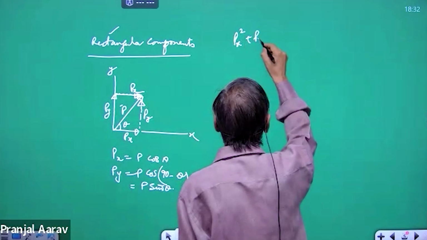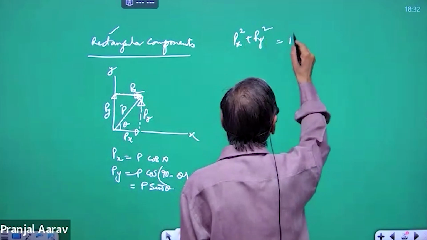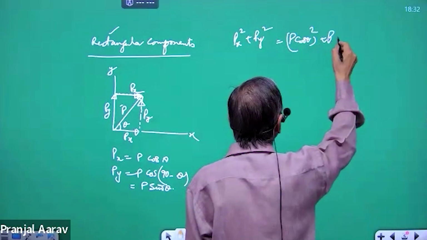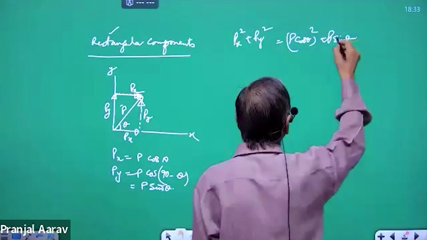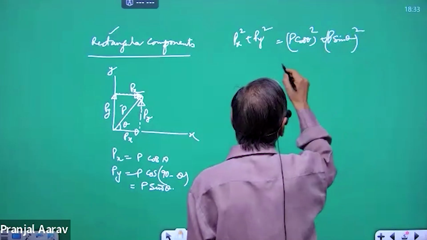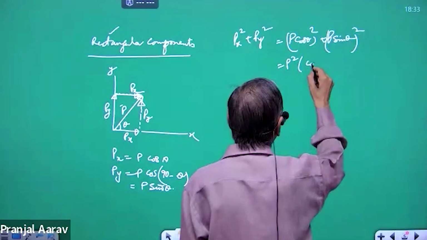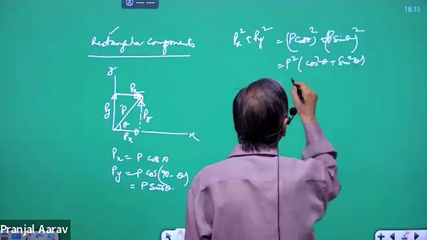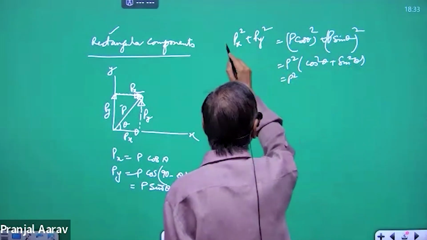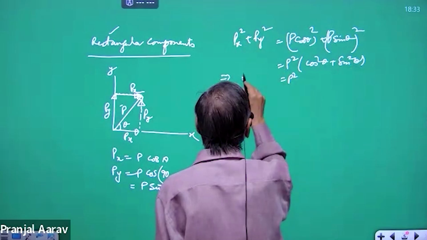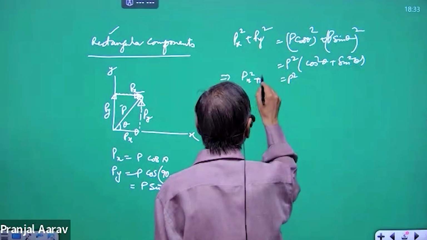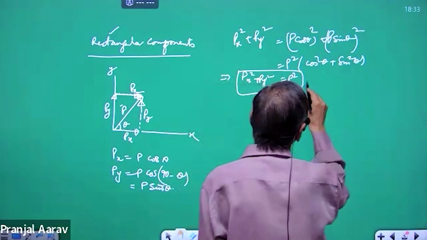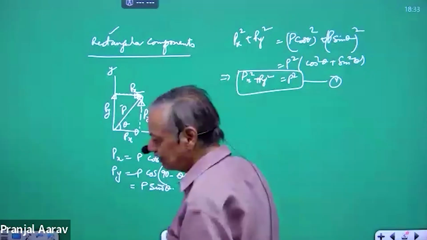Then Px square plus Py square is equal to P cos theta whole square plus P sin theta whole square, that is P square times cos square theta plus sin square theta, that is P square. So what you have got, Px square plus Py square is equal to P square. Relation number 1.